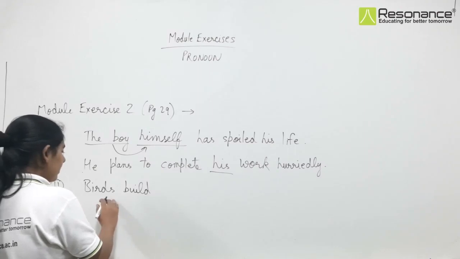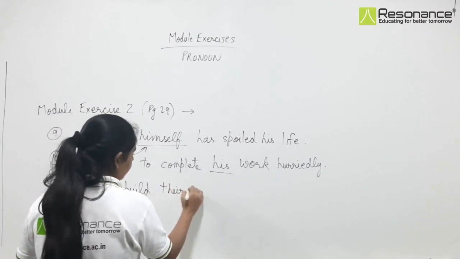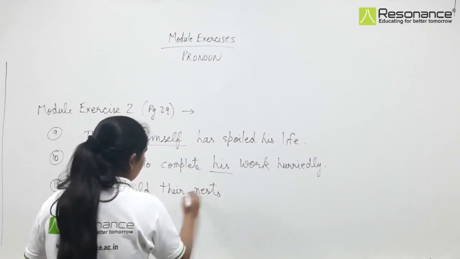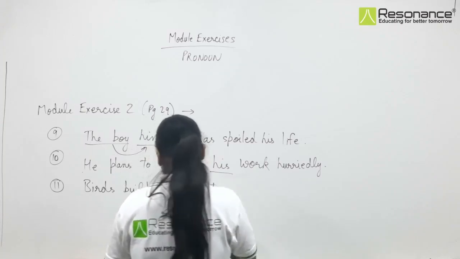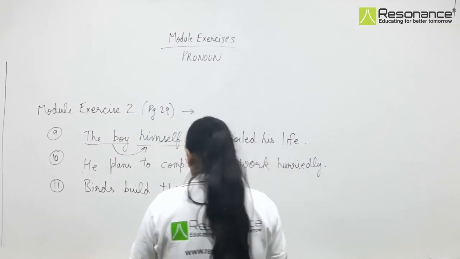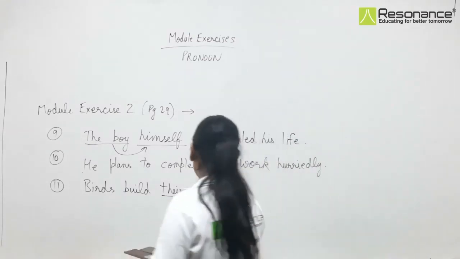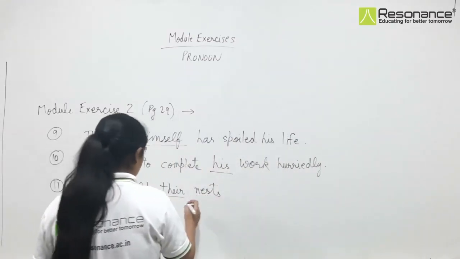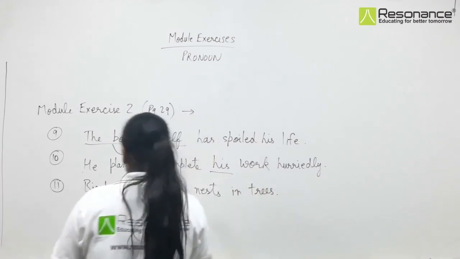For birds we will use their nests. We will use a plural pronoun, possessive case. Birds build their nest. Their is a possessive adjective here because it is immediately followed by a noun, nest. So birds build their nest in trees. This is the right answer.